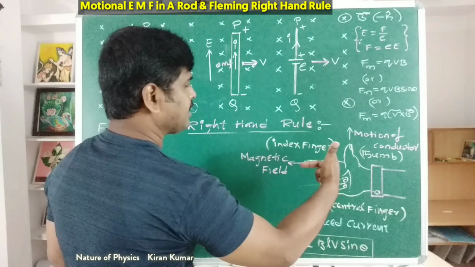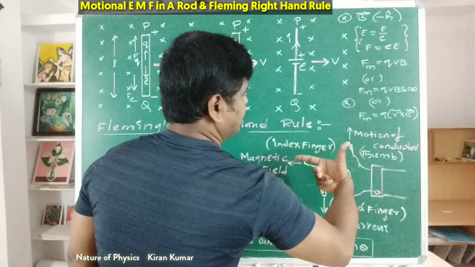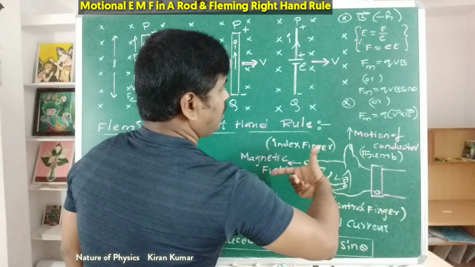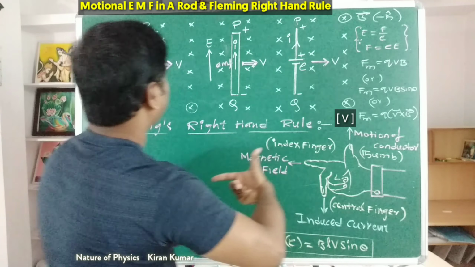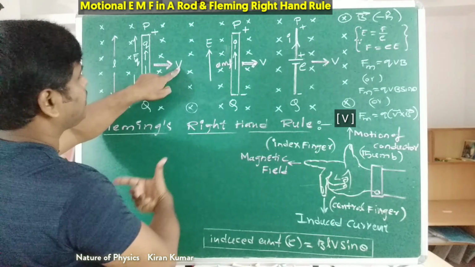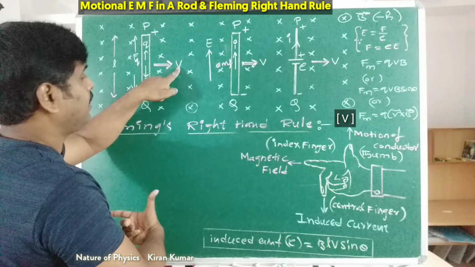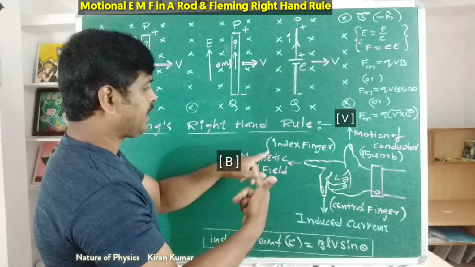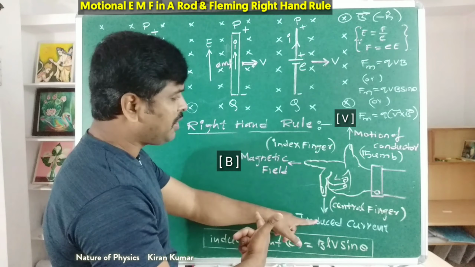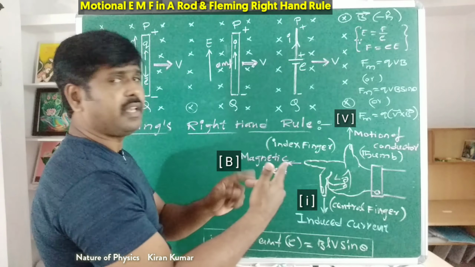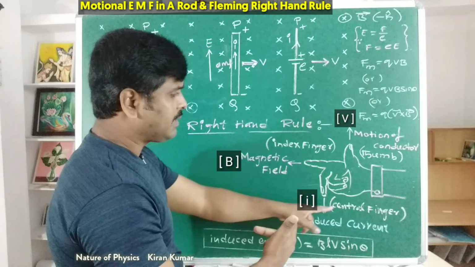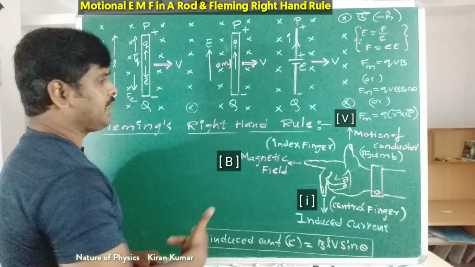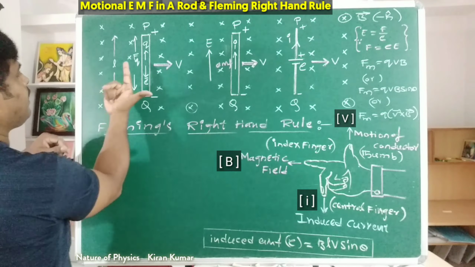See, like this. So the thumb indicates the motion of the conductor, the index finger indicates the magnetic field direction, and the middle finger, the central finger, gives the induced current direction.